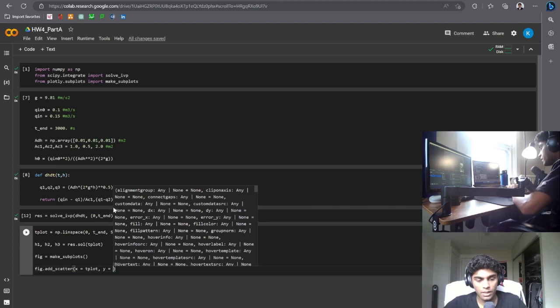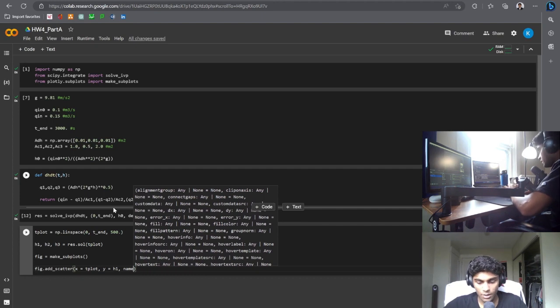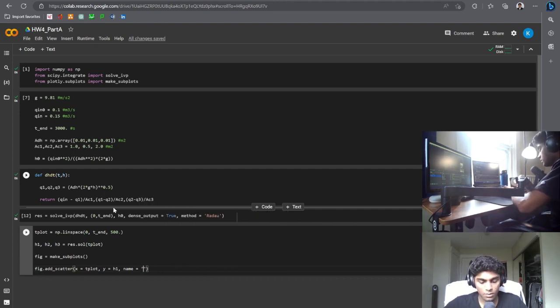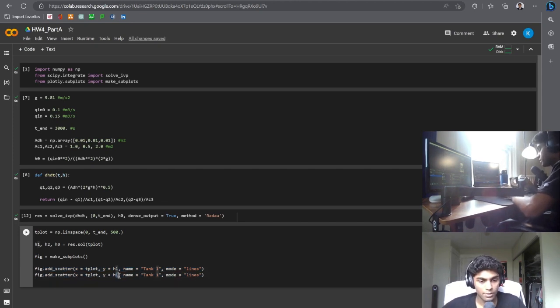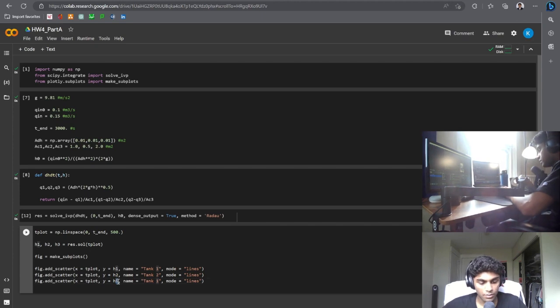Our y is our heights, so for this one we'll go h1. We're going to name this tank 1. And we want the mode to be lines. Essentially, we're doing the same thing, so I'm just going to copy paste this down and change out the height and tank name. And 3, tank 3.